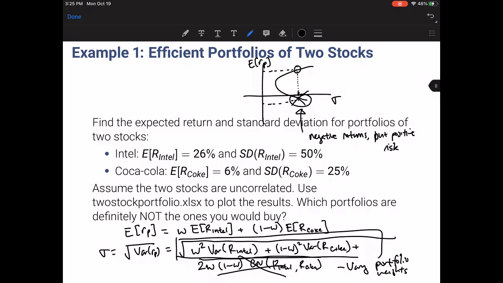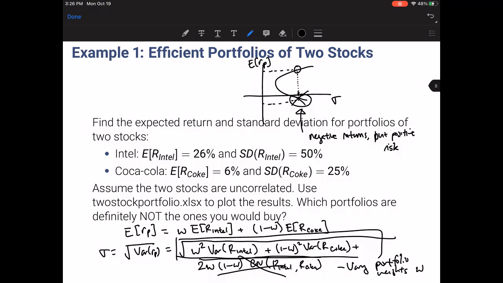And your task, therefore, is to vary portfolio weights, W. So let's choose, for example, W between -1 to +1, and then put some intervals in between, such as -1.5, -1, 0.08, 0.07, and so on, all the way to 1, right?